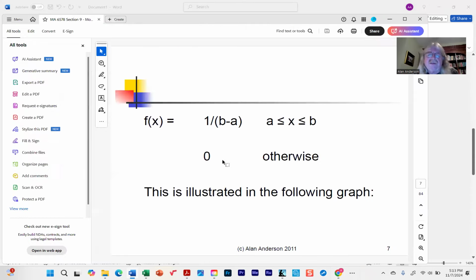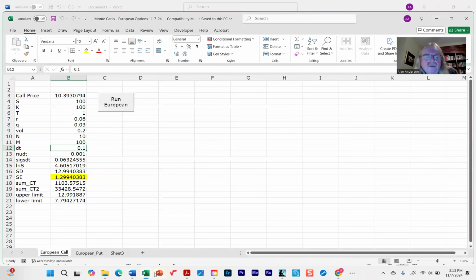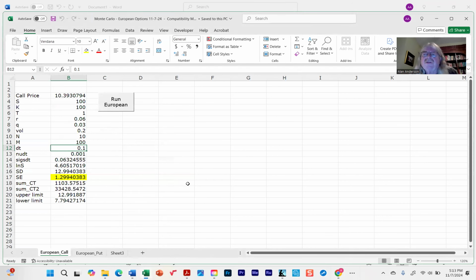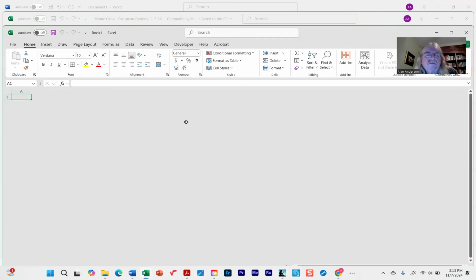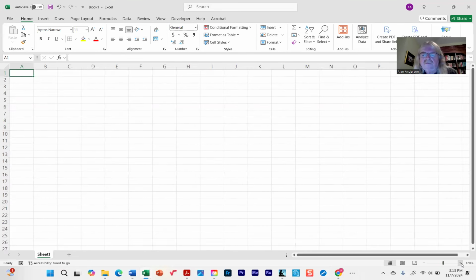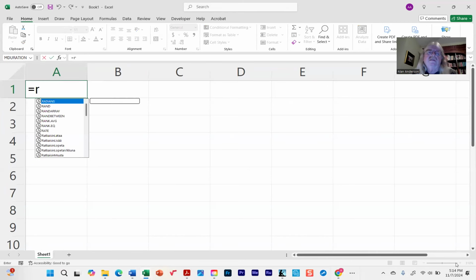Now, if you go into Excel, you'll see that to simulate or randomly choose from this standard uniform distribution, it's a very simple matter of typing in the command rand.